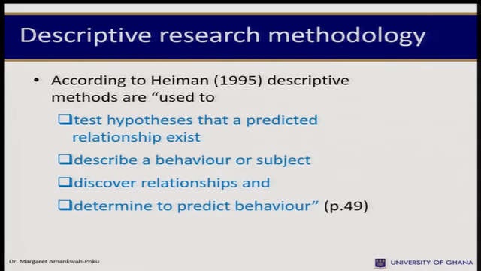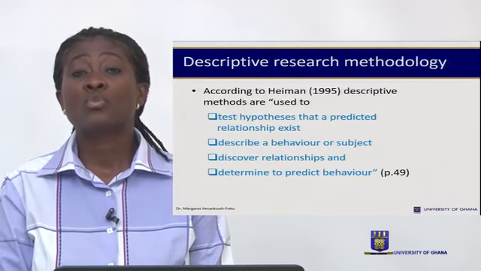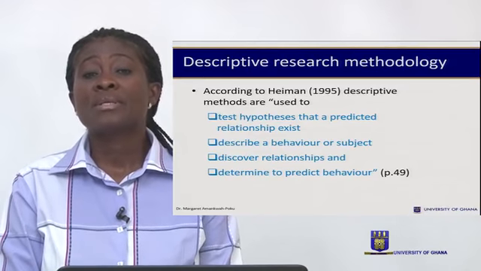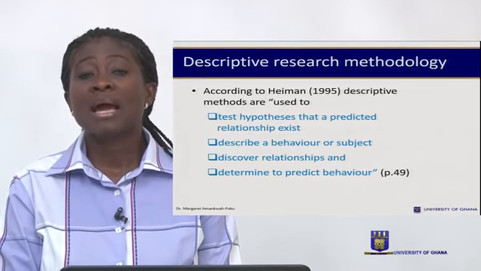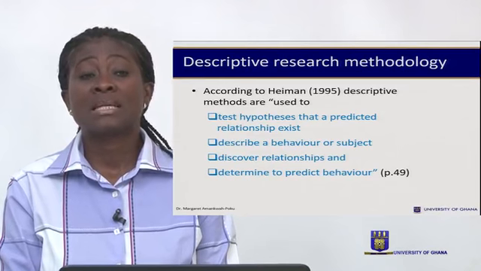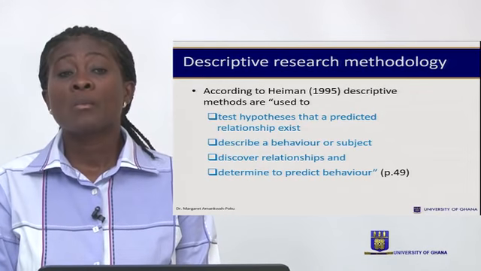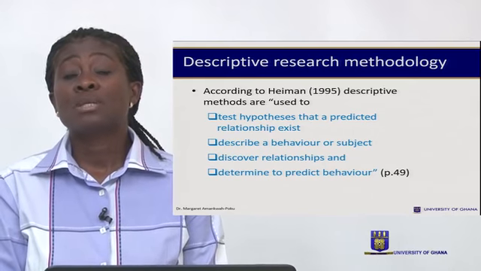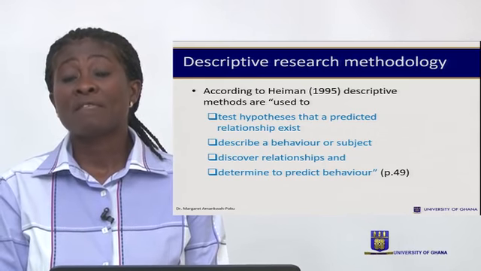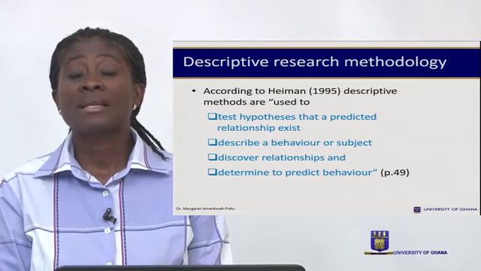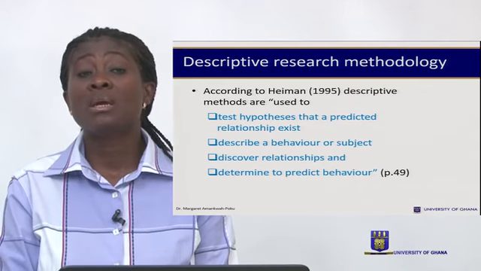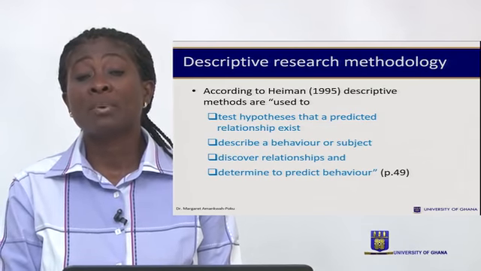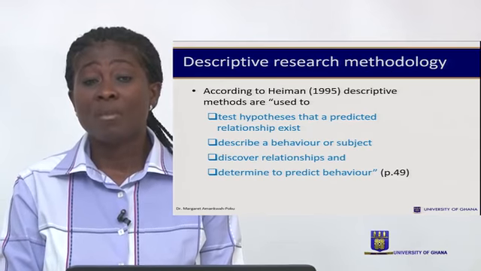They are used to discover relationships, and also they are used to predict behavior. So for instance, if we are testing hypotheses to predict the relationships that exist between variables, we may want to, for example, assess motivation at the workplace and performance, because we want to find out that a relationship exists between motivating employees and their performance.